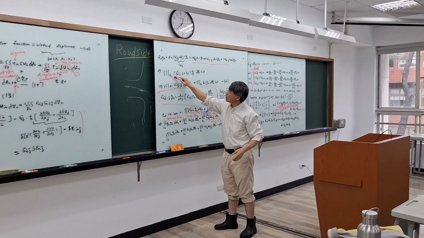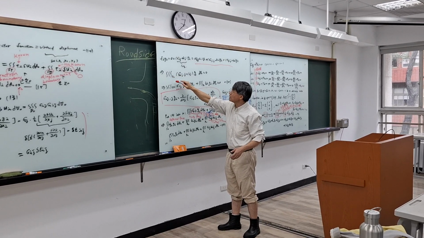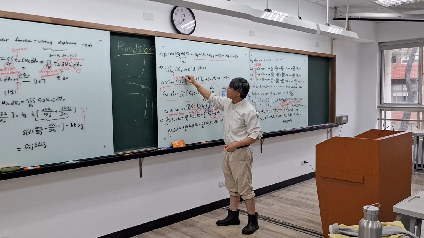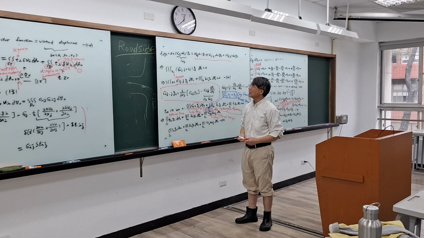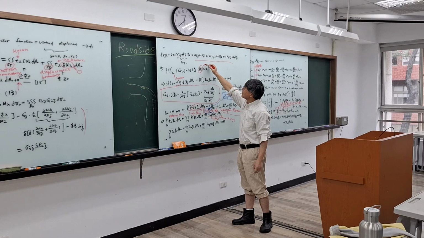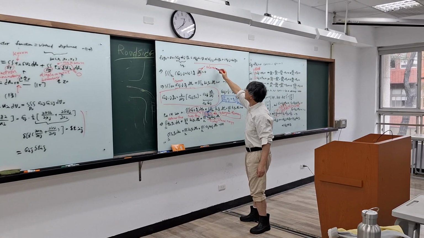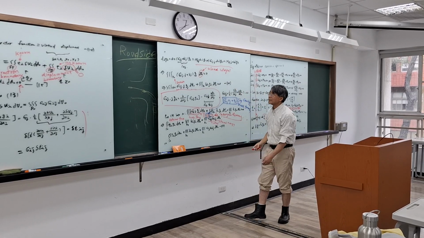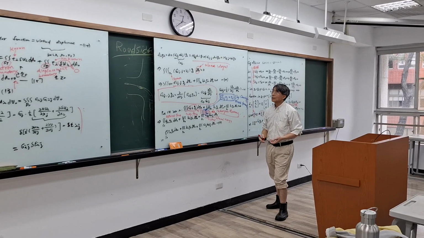So the domain of the integral, we can write as D0. D is the domain. So this is the domain for the integral. So here we are basically dealing with a volume integral.